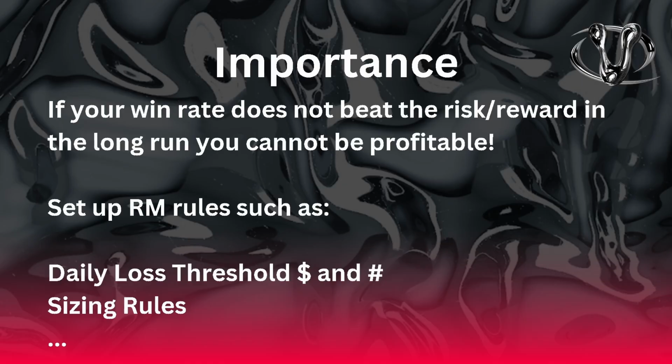But typically you want to risk 2 to 3% a day max and hope to gain 4 to 5, maybe even 6% a day on your winning days. So if you set up your days and set up important rules like this when it comes to risk management, you can be profitable even if your win rate is not that great. But just remember, it's a battle between you, your win rate, and your risk to reward.